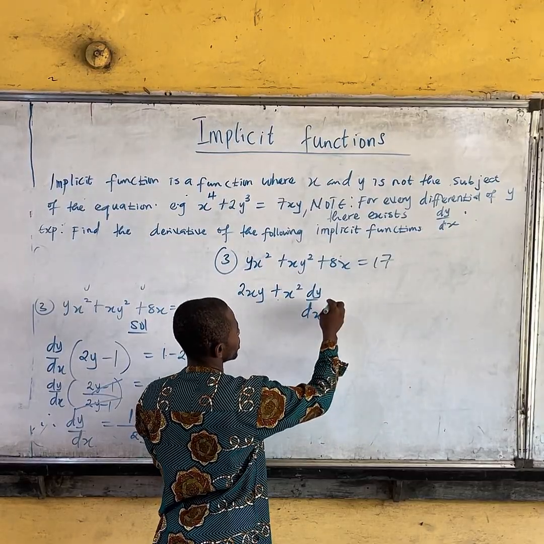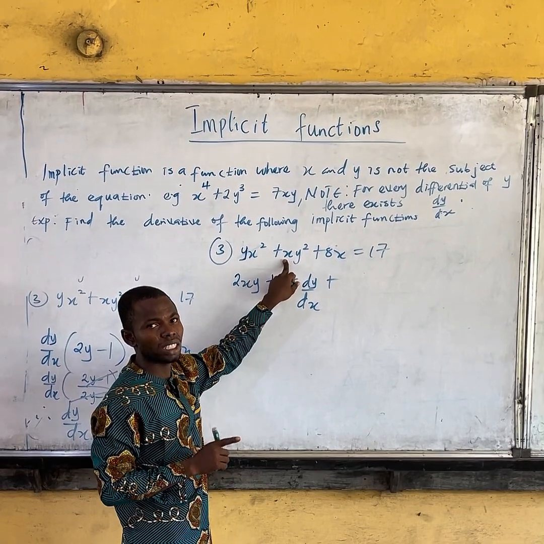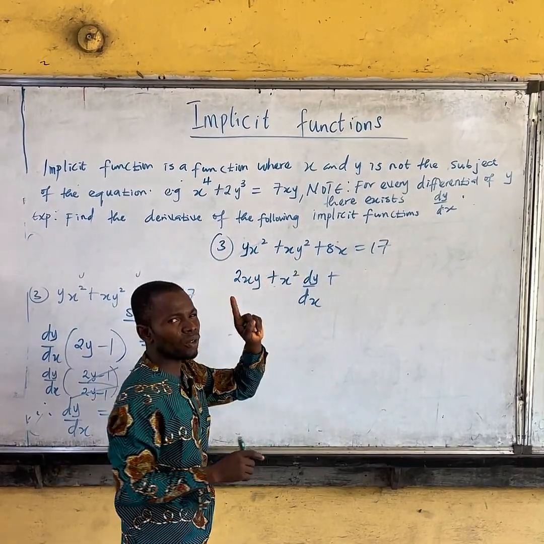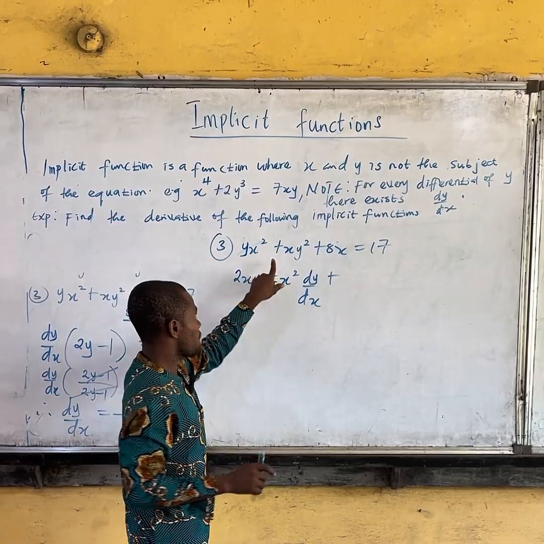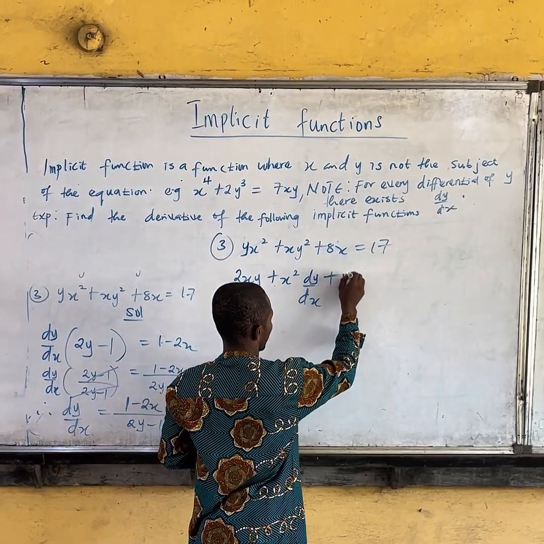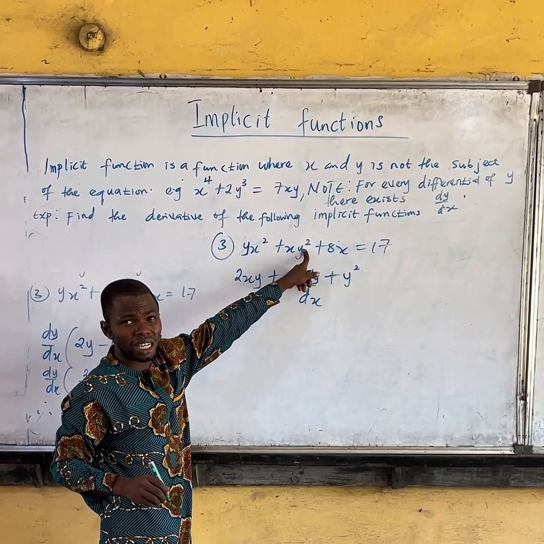I move to the next term, plus, if I differentiate x here, it gives 1. 1 times y squared, don't forget, I differentiate x, it gives me 1, because they are products. 1 times y squared is y squared. In this same function, because they are products, I will also differentiate y.